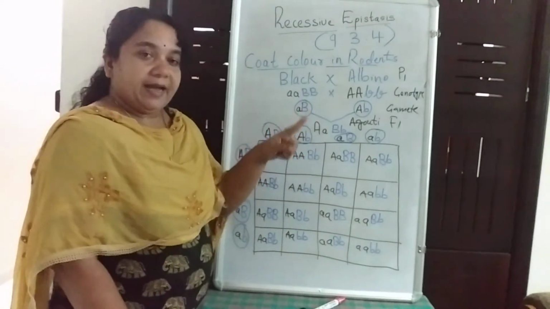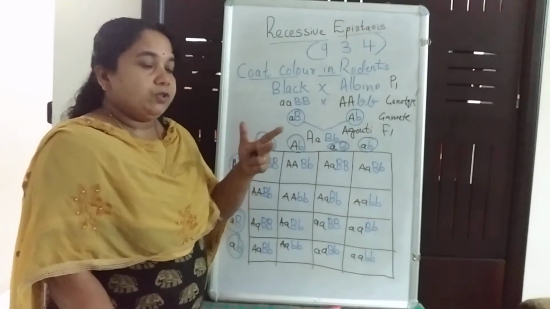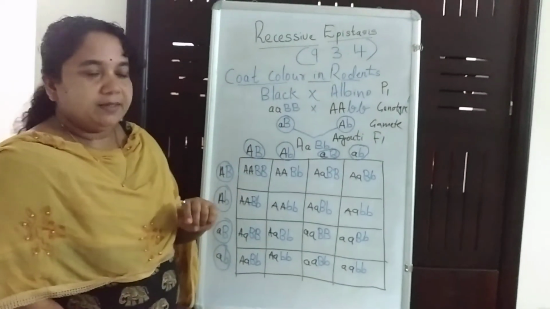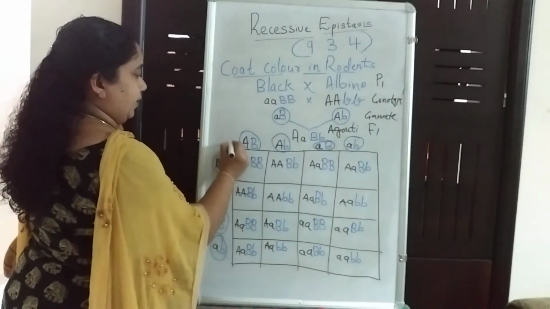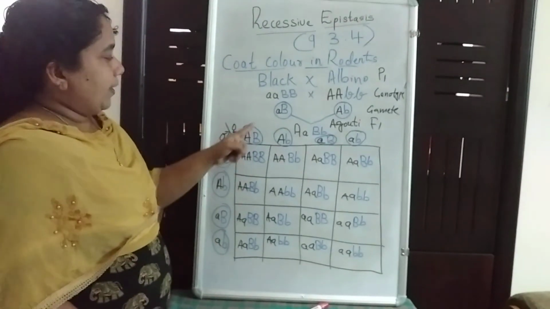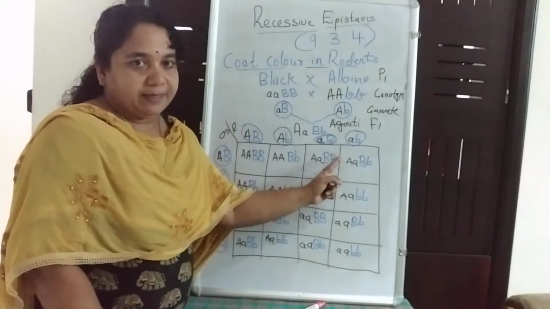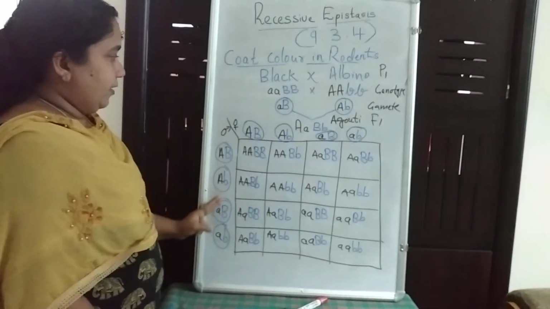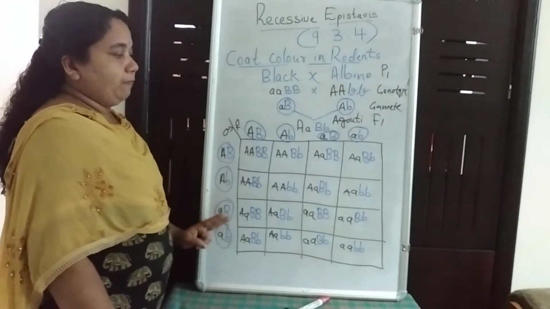And when we select two such agouti, we get from each parent four different types of gametes, and we can raise the F2.